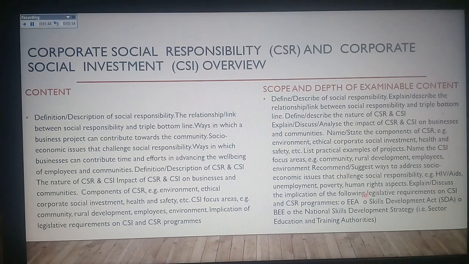Explain or discuss the implication of the following legislative requirements on CSR and CSI programs: the Employment Equity Act, the Skills Development Act, the Black Economic Empowerment, the National Skills Development Strategy, and the Sector Education and Training Authorities, known as SETAs.